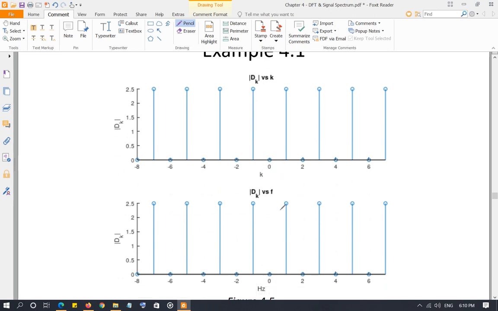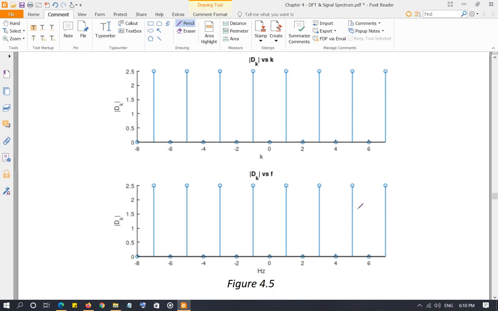Now remember, we discussed how to go from k to the frequency. Each value on the k scale is going to be multiplied by f0. Let's say 0 is here, it's going to be multiplied by f0, so it's going to be 0 f0, which is 0. It's going to be 1 f0, 2 f0, 3 f0, 4 f0, and so on and so forth, right?